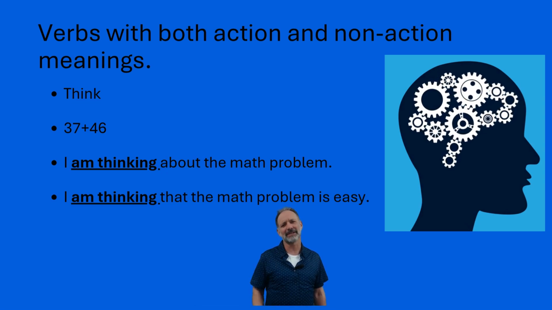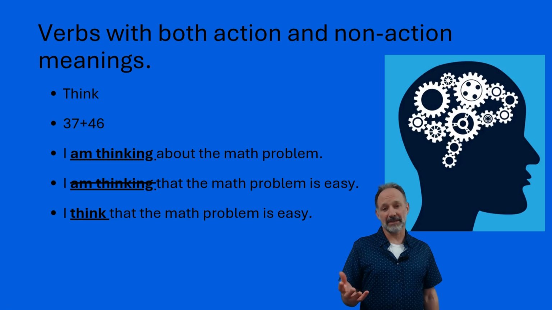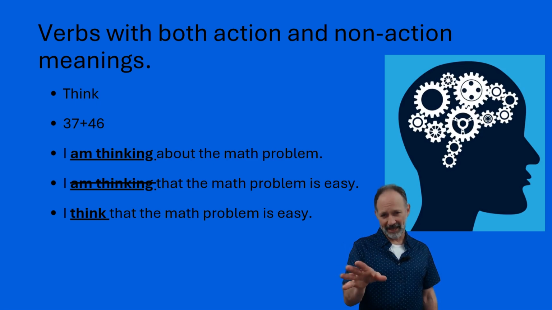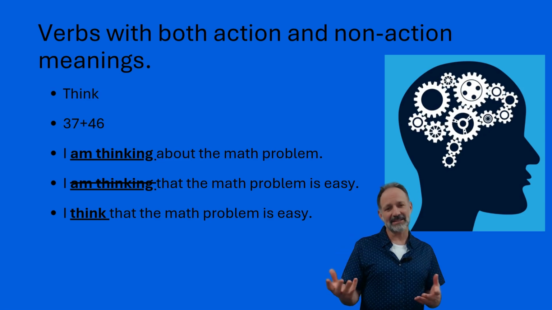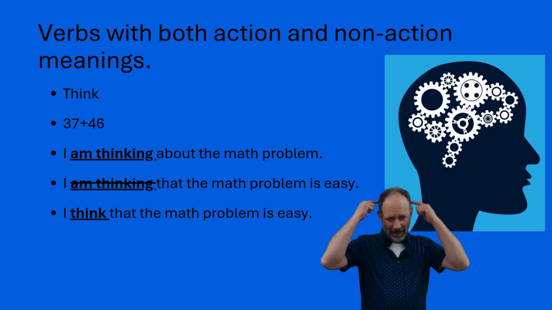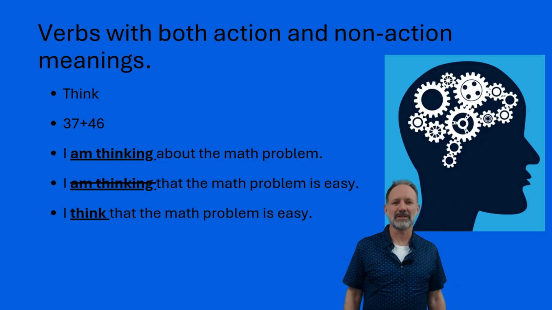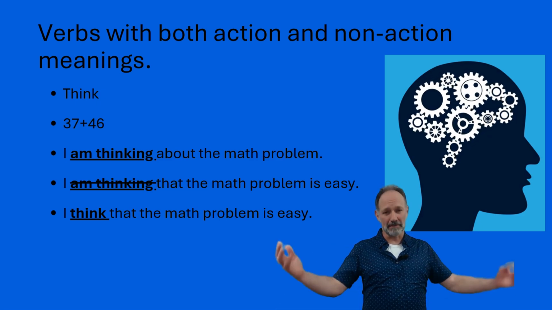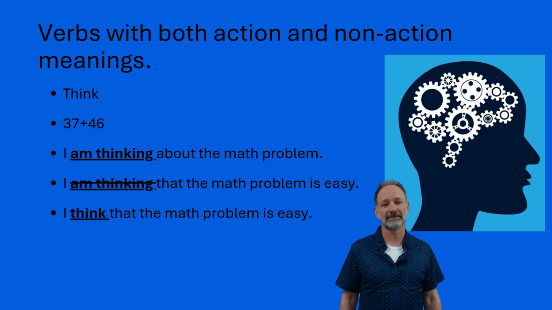That one sounds a little bit funny. It would sound better to say, I think the math problem is easy, because in that situation, it's not about my brain doing some work. When I say, I think that the math problem is easy, that's just my opinion about math.